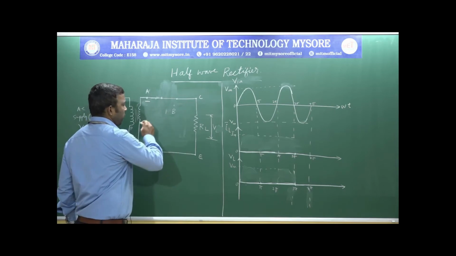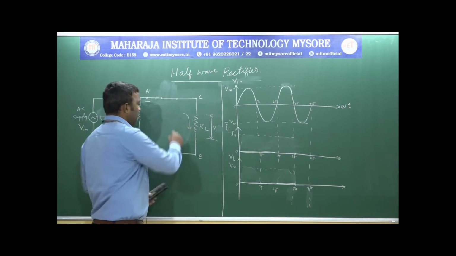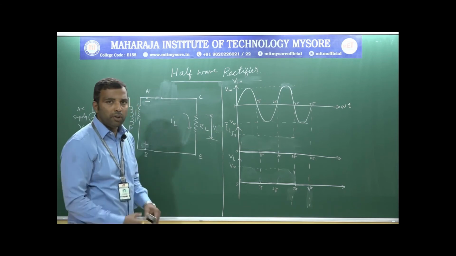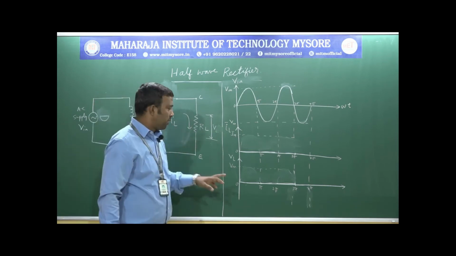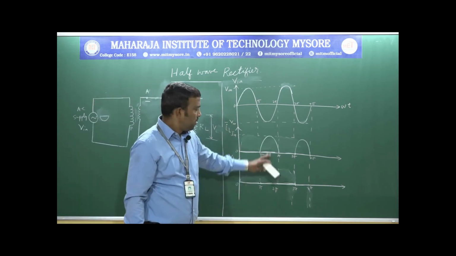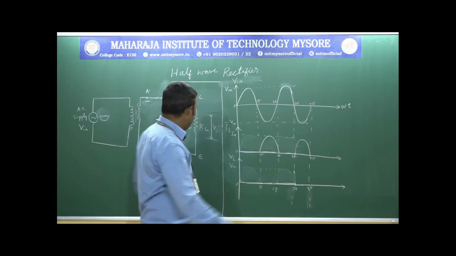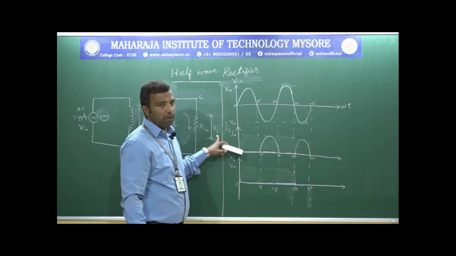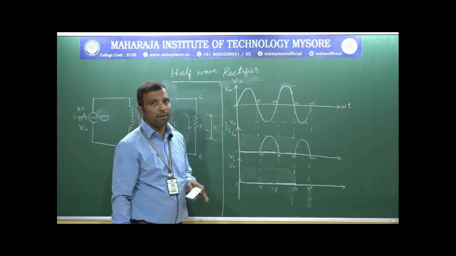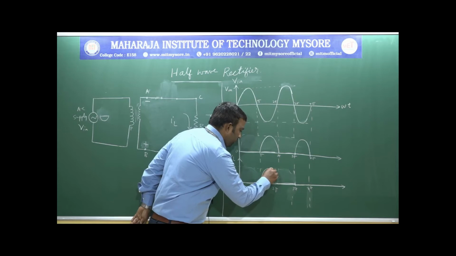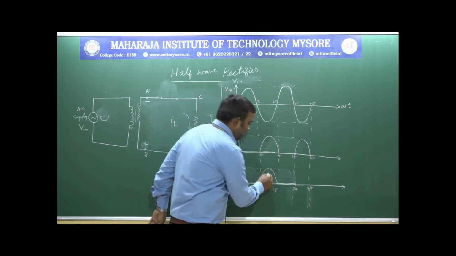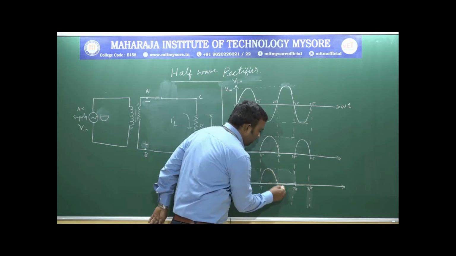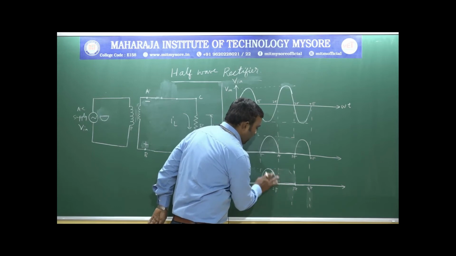The current flows through the load resistor RL, hence current is present for the negative half cycle. Similarly, when current flows in the circuit, voltage is also developed, which is nothing but the output voltage VL, the drop across the load resistor RL.